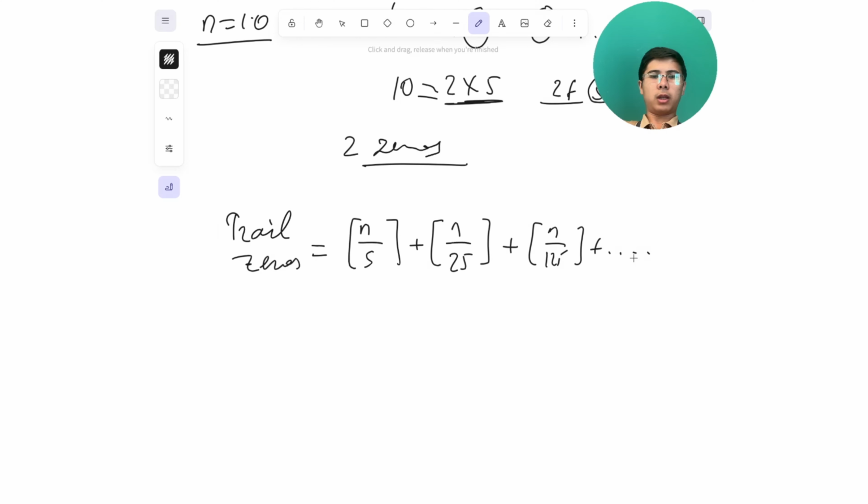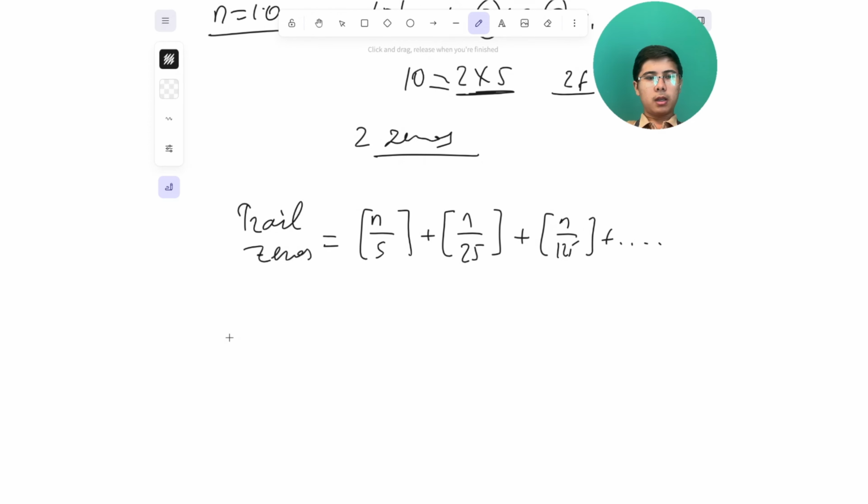It depends on the size of our input. This works because n divided by 5 counts all multiples of 5, and n divided by 25 counts the extra factors of 5 contributed by multiples of 25, and so on.